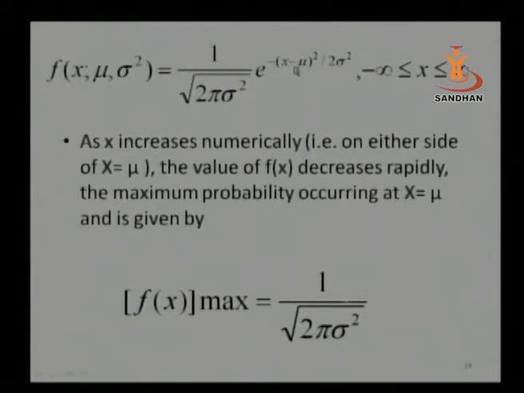I repeat, this power is negative and we want to maximize this function f(x). Whenever we take x equal to mu, the power of the exponent becomes 0 and e raised to 0 is equal to 1. So the maximum of this function is 1 upon root 2 pi sigma square in square root, or 1 upon sigma root 2 pi.